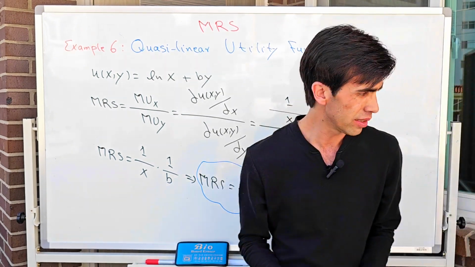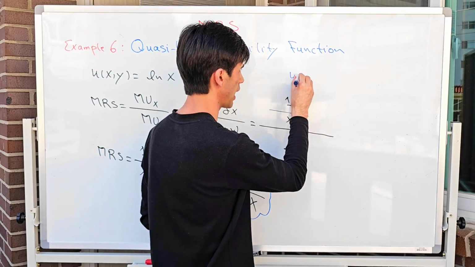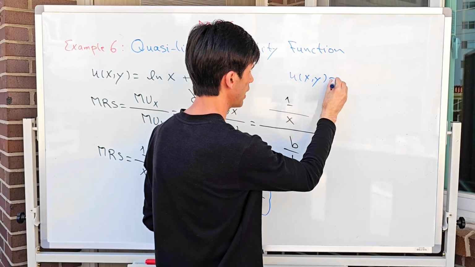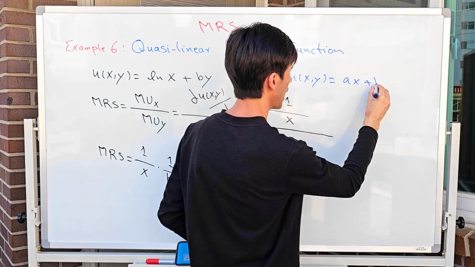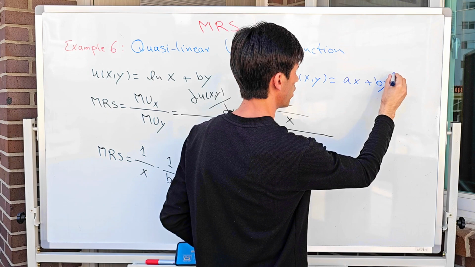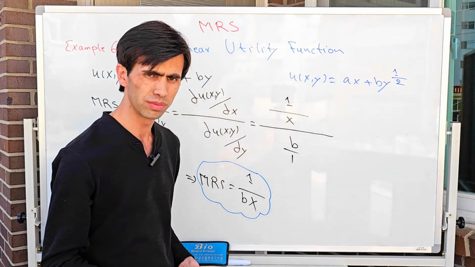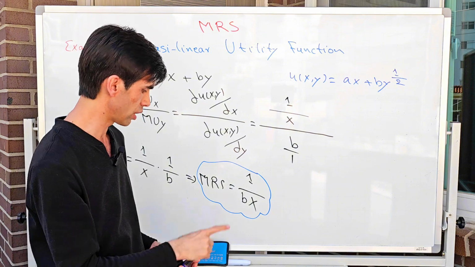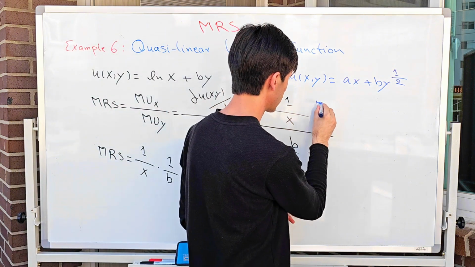In another way, we may have this kind of utility function, which is u(x, y) equal to, for example, ax plus by to the power of 1 over 2. Now the marginal rate of substitution for this function.